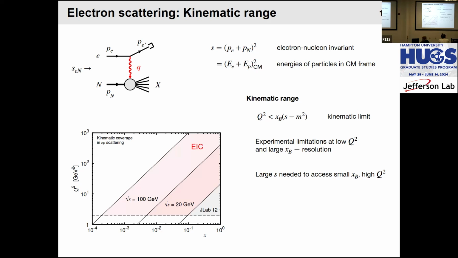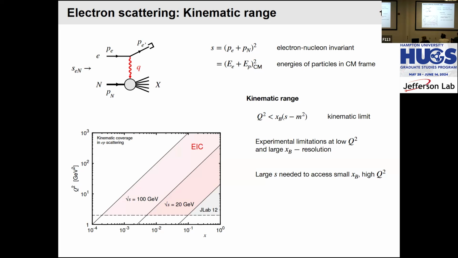So, for example, in measurements at JLab 12 GeV, which is a fixed target machine, we have this kinematic coverage indicated here. So we are limited to values of X that are larger than around 0.1, at least if we want to have some value of Q square that is above 1 GeV square.